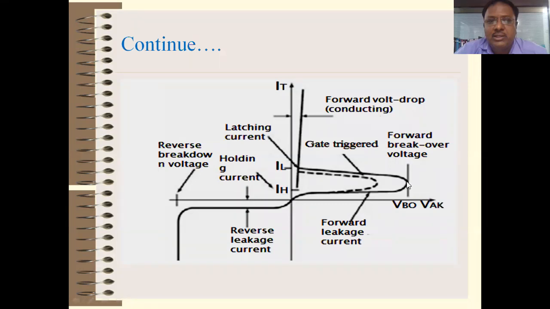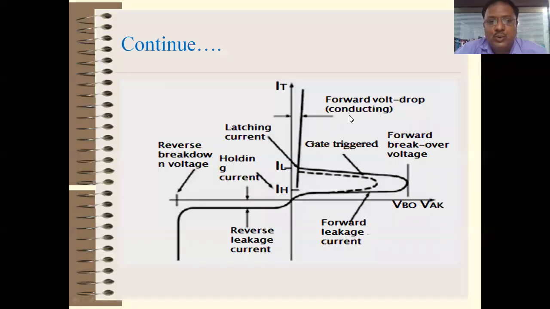Up to the VBO, the voltage across the SCR, that is VAK, is large, a high voltage, right? But as soon as your device turns on, you see this curve directly goes to a lower value, a very small voltage, equal to 1 volt or less than 1 volt.